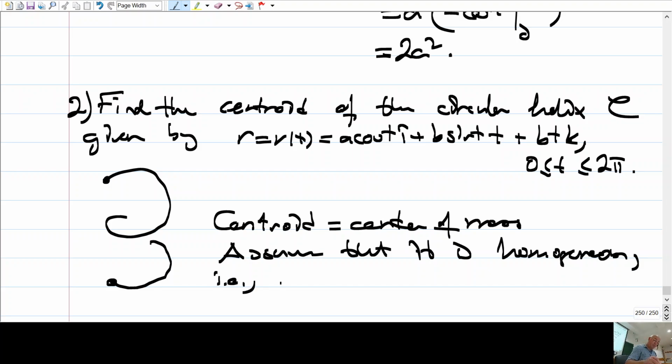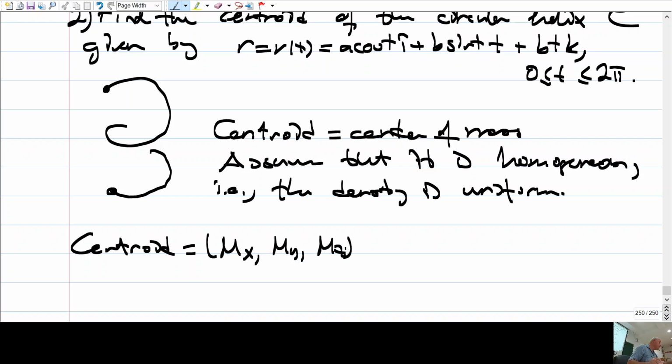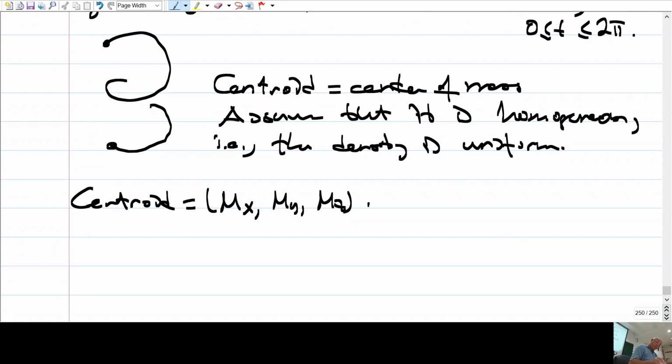In other words, the density is uniform, so it does not change from point to point. The center of mass, the centroid, has 3 components: mx, my, mz. What are these?